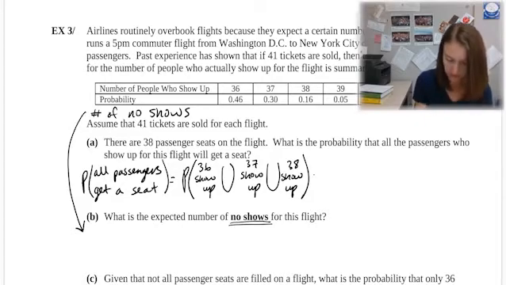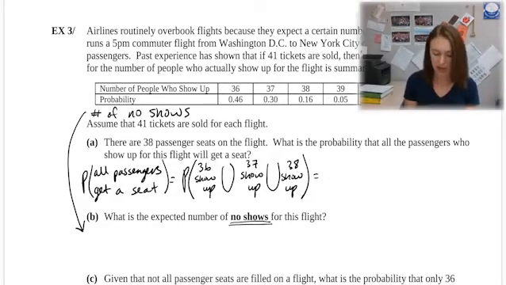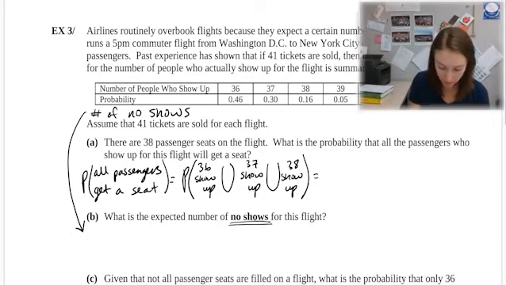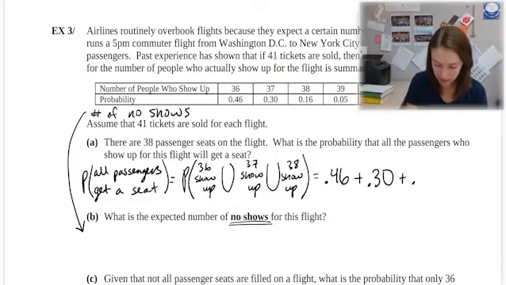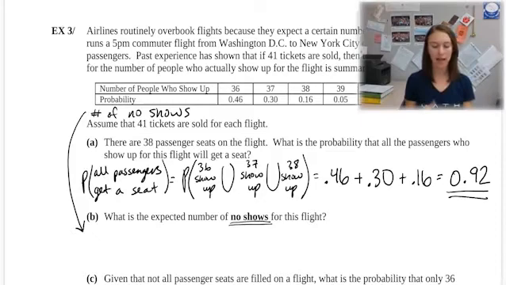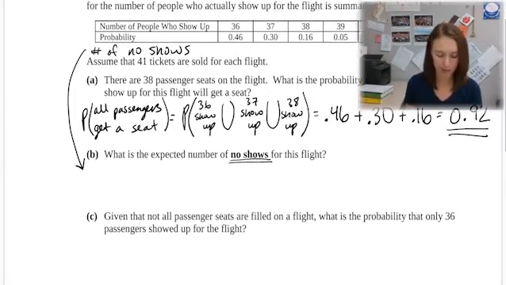It's an or probability, so we're going to add these together. The probability that 36 show up is 46%. We've got a 30% probability that 37 will show up, a 16% probability that 38 will show up. So we have a 92% probability that everyone who shows up is going to get a seat. It's a pretty strong probability there.